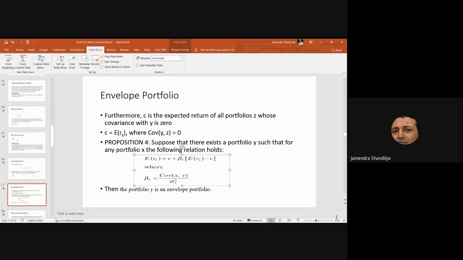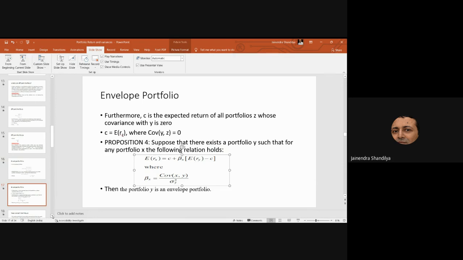In case 3, Y was already an envelope portfolio, and then any X could be drawn in terms of Y. Proposition 4 says that even if that is not given, if you can regress portfolio X on the return of portfolio Y and get a beta and constant, then portfolio Y is an envelope portfolio.